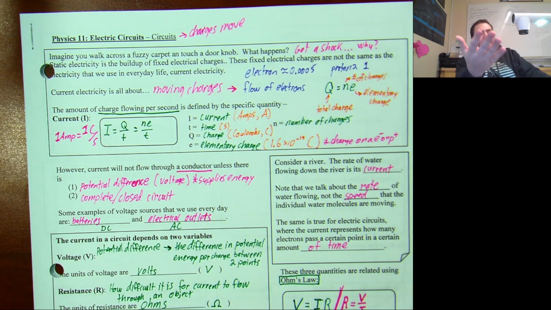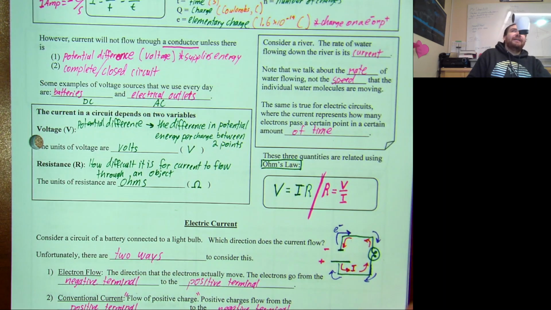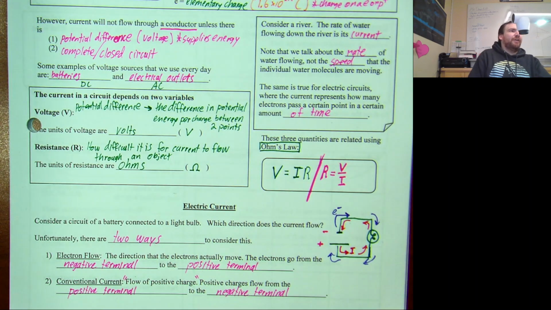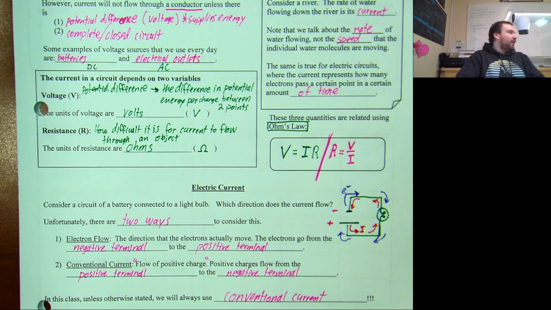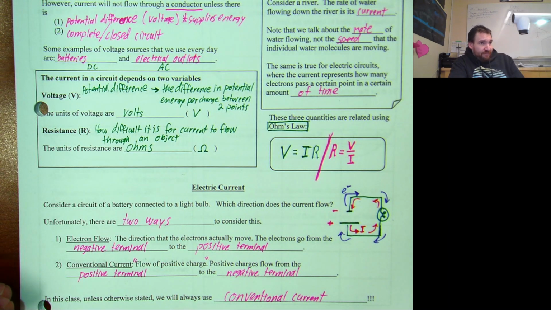So, does this bring back some memories of stuff that you've seen before? Often in grade 9, they just slap that down and say, you need this. I'm hoping this gives you a little bit of context for all of that. For you guys all sitting here, does this make sense as far as your understanding of the electric world goes? Are you comfortable with what I've presented to you here?